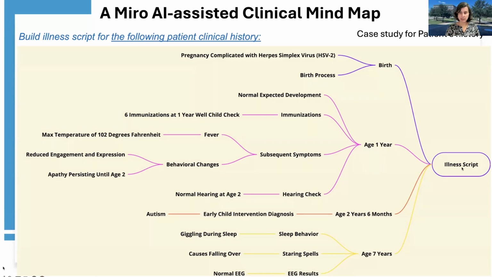This is what is called an illness script, and you can see that it organized it fairly quickly with groupings which are pretty decent, to help really narrow down what aspects we can follow.